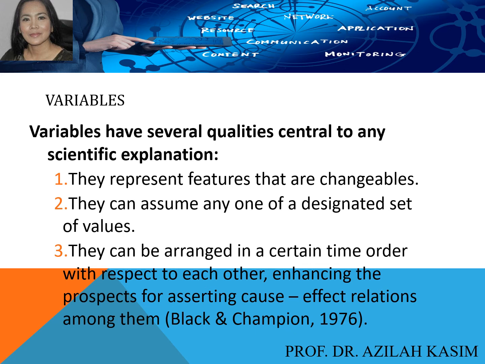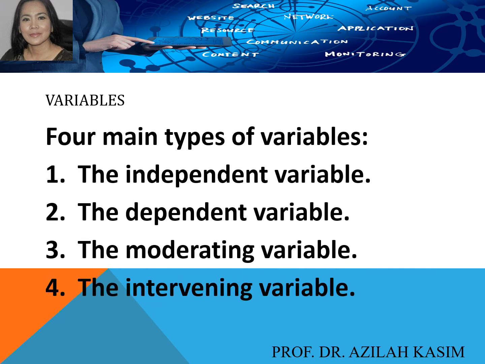You need to make sure that the operational definition of your constructs is proper for the purpose of your study. Then you can allocate which one would be the IV, the DV, the intervening, and the moderating variables of your study. The independent variable will be anything that will affect something.